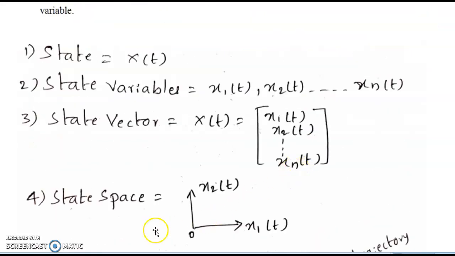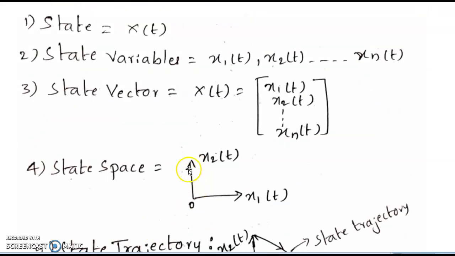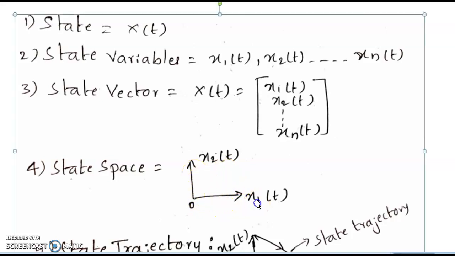For example, state space has a first axis and a second axis. Each axis gives one variable. So instead of x and y, I am taking x1 and x2. How many axes are there? Two axes, so two variables, x1 and x2.